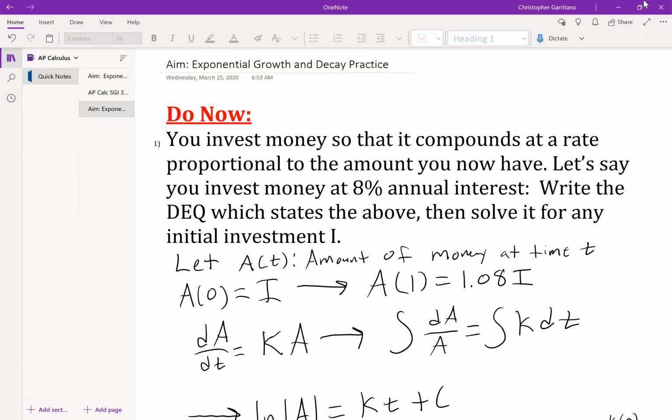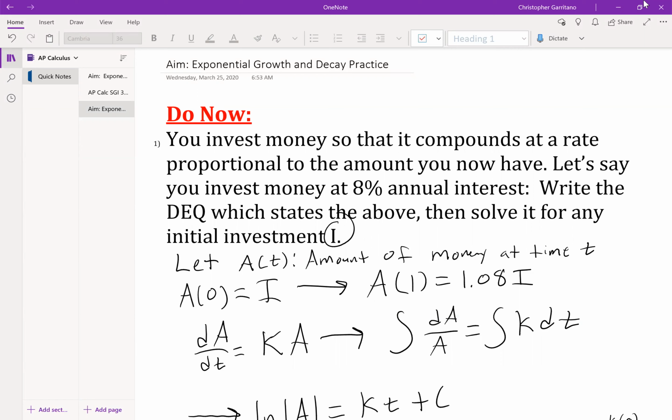What this means is I'm going to define some function A of t to be the amount of money at time t. And we are told that our initial amount of money is I, and that's what this information is telling us right here.